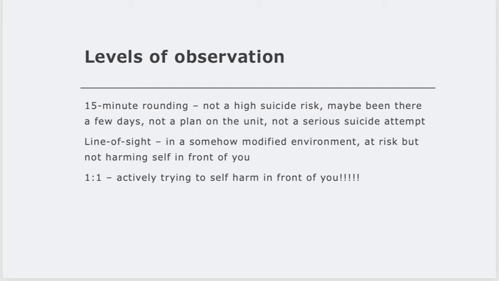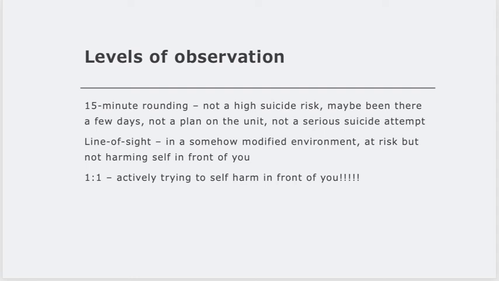The next level is 1-to-1, and we try not to do this within a psychiatric environment because it is a heavily modified environment, so it's very unlikely that our patients are going to self-harm in front of us. But sometimes we do have patients who are very ingenious and intent upon committing suicide, and they are actively trying to self-harm, and you have to place them on 1-to-1, and this requires one staff member to be assigned to that patient to be constantly with them.